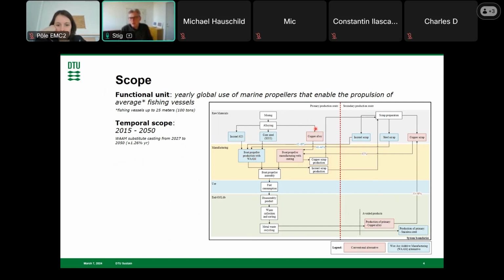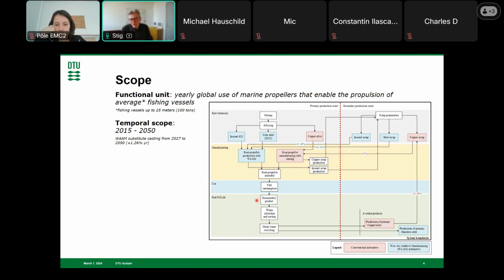That is compared to the traditional way of producing, where we just cast copper alloy and use it for a boat propeller. In both cases, there will be some scrap production, which goes into scrap preparation, and this will go back into the production again, which is called closed loop recycling.